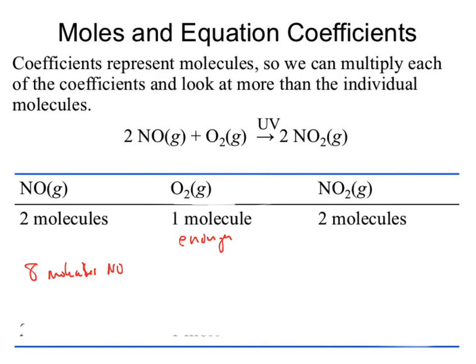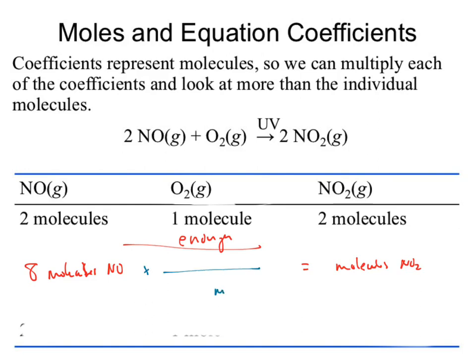Enough means so much that I don't care what the number is. It's not going to affect my answer. How many molecules of NO2 can be produced? Well, what's my conversion factor?